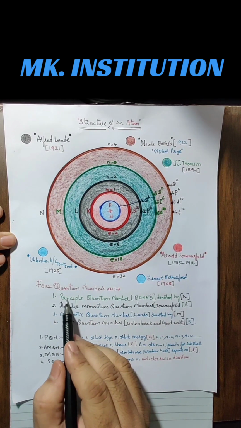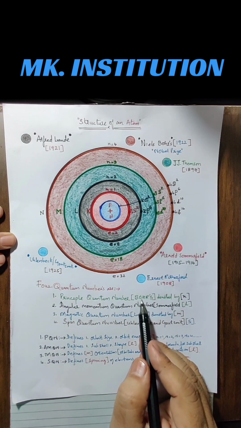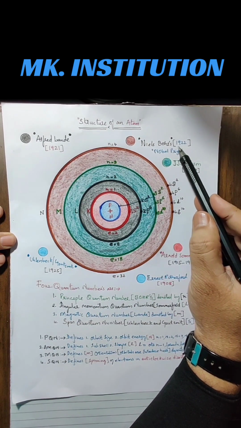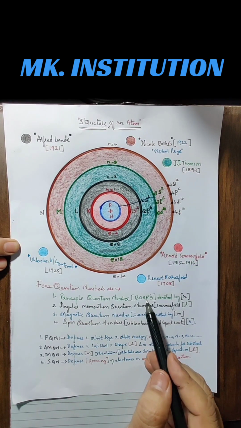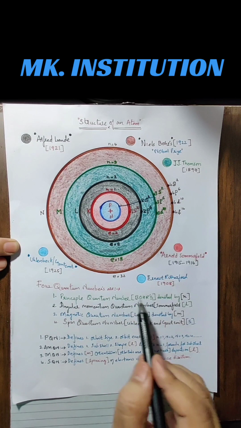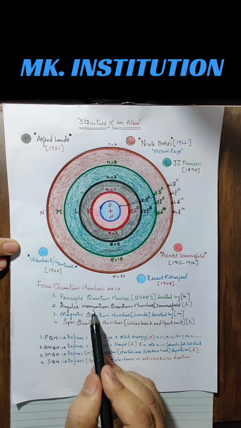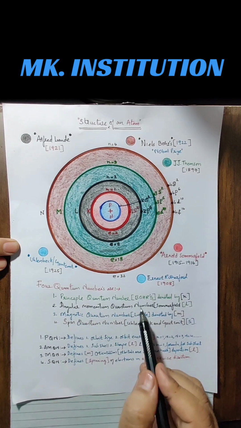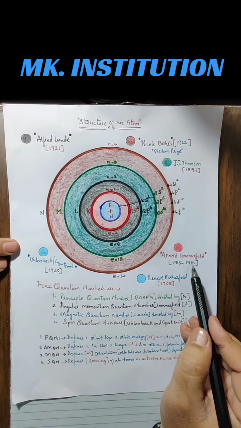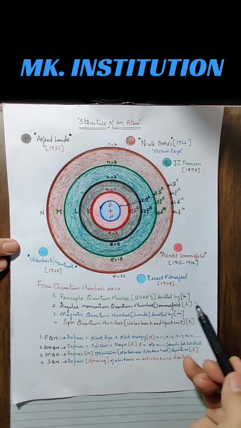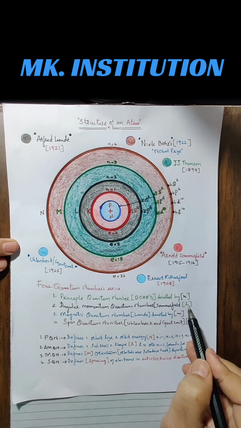The first quantum number is called the principal quantum number. This was explained by Bohr in 1922, and it is denoted by the small letter n. The next quantum number is the angular momentum quantum number, explained by Sommerfeld in 1915 to 1916, and denoted by the small letter l.